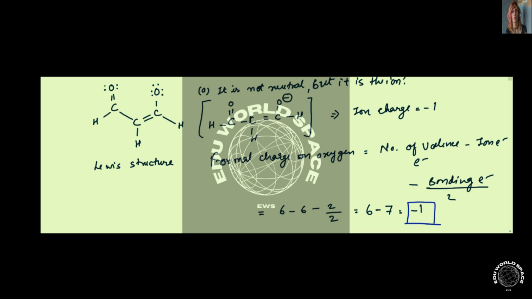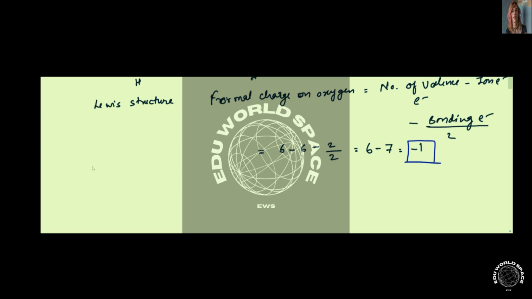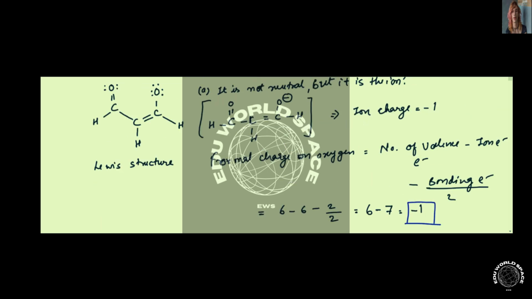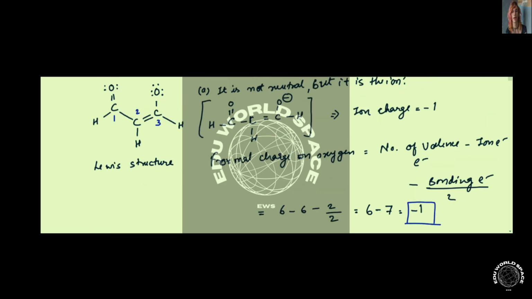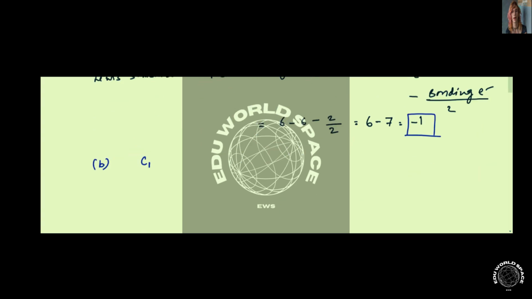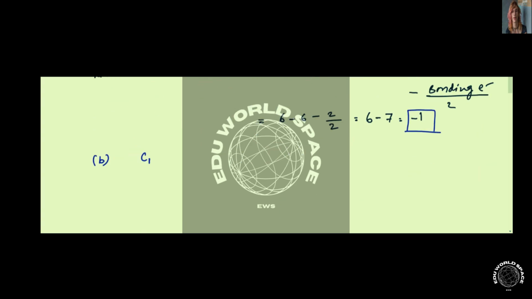So now for the second one, we can see the hybridization. Let us write here, this is carbon 1, 2, and this is 3. So C1 is sp2 hybridized. Why?